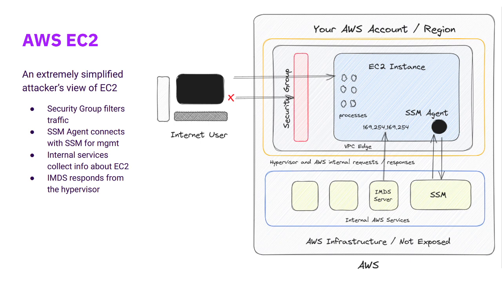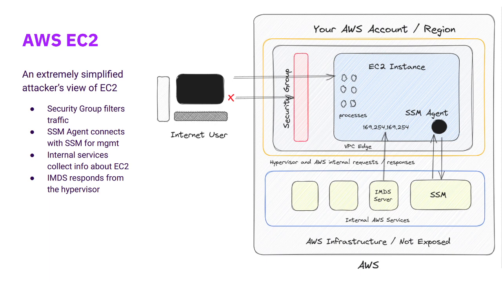You have an internet user trying to access processes running on the EC2 instance, and EC2 is essentially your virtual machine. Like your computer, it has compute and CPU; you have machines that can have higher GPU, and machines that can have IPv6 addresses. Based on your business use case, you can create various types of machines on AWS.